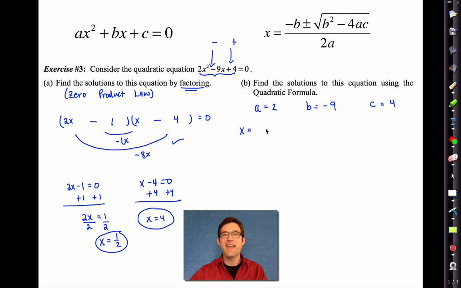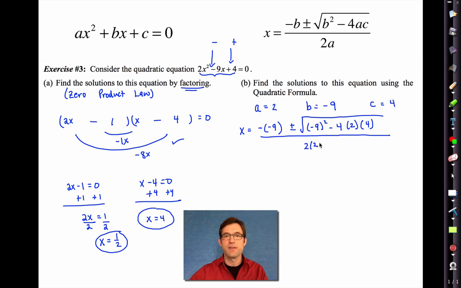x equals negative b, but that's negative 9. Eventually we'd like to just write down a 9 there, but I'll write it that way at the beginning because we've just started working with this. Now I've got negative 9 squared minus 4 times a times c, all divided by 2 times a.